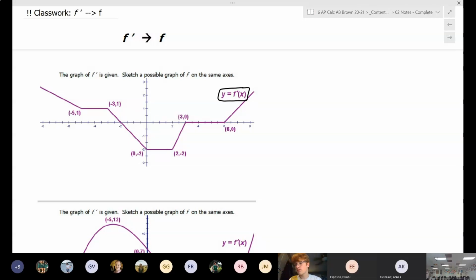So one, cusps and corners don't really do any weird stuff on the graph. We don't have to worry about doing jumps or anything like that. Also, when you are going from F prime to F, the specific F values, the specific Y values, don't matter.